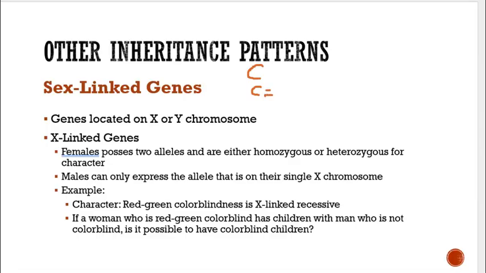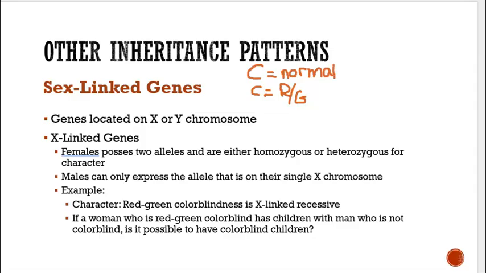So my lowercase c is going to be red-green color blindness, and my big C will be so-called normal vision, once again, whatever you consider normal to be.